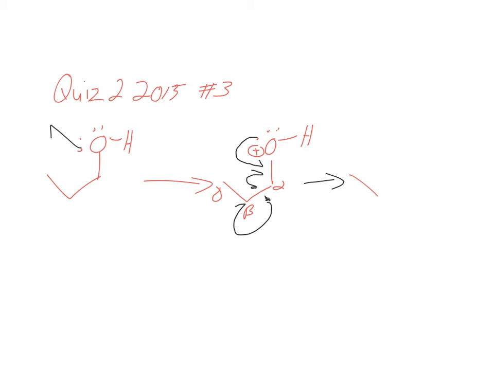So the beta carbon now, right, got one electron, right? And now there's a new pi bond between the alpha carbon and the oxygen. And where's the plus charge at still? Still on the oxygen, that's right.